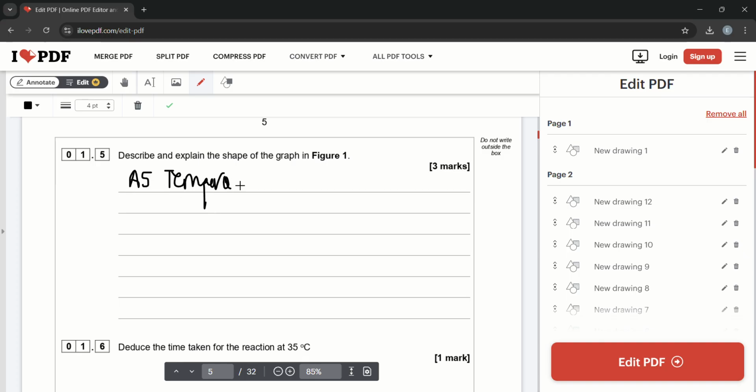Just how does it increase? Exponentially. That's for your second mark.